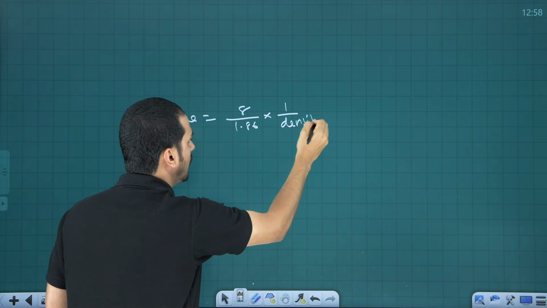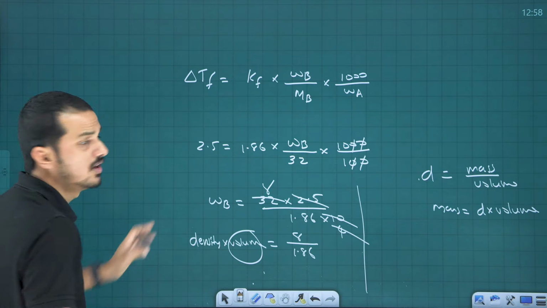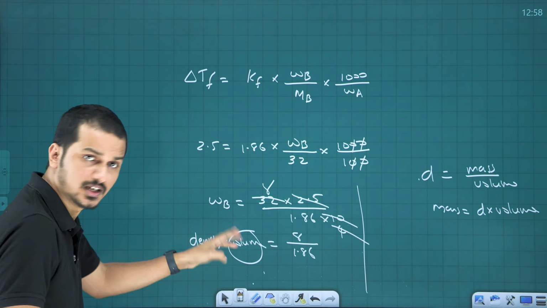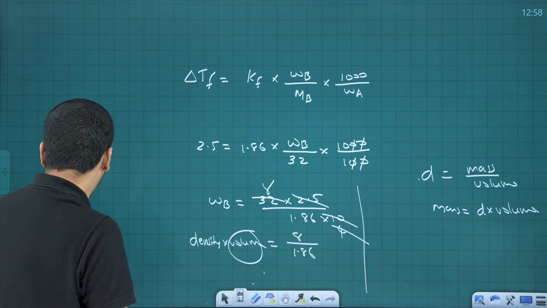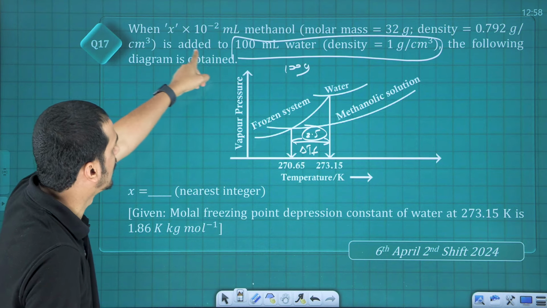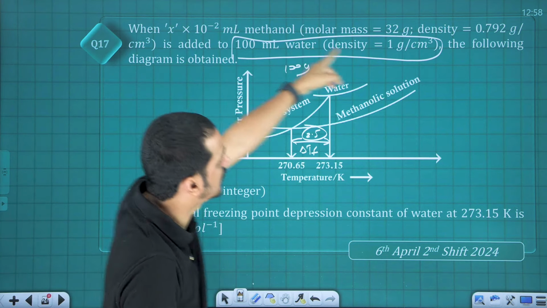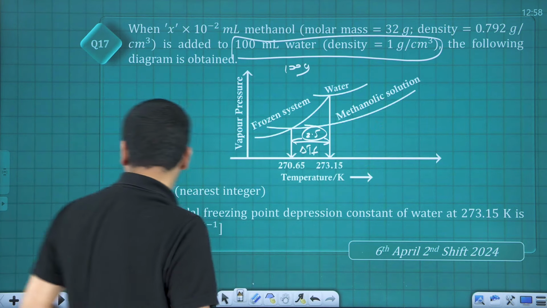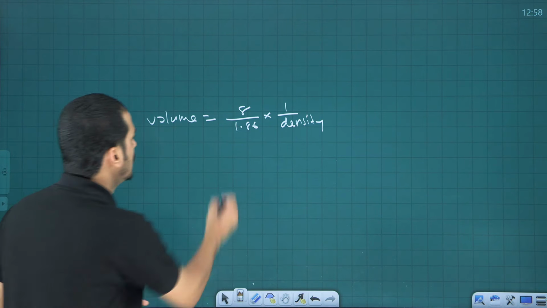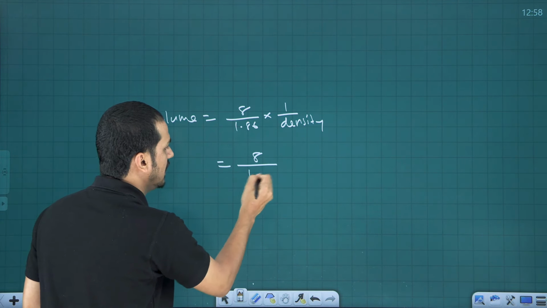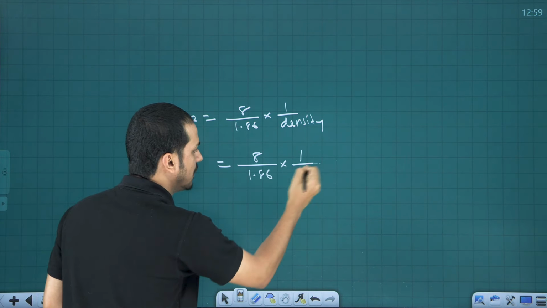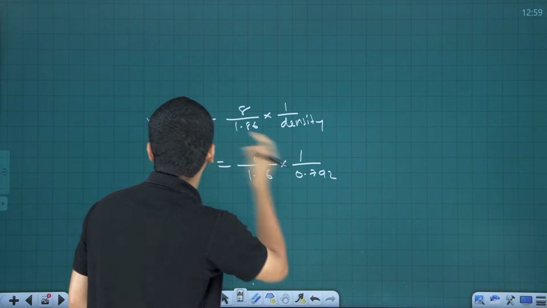What's the density of methanol? It was already given in the question as 0.792. So that's equal to 8 divided by 1.86 into 1 by 0.792. That is the volume.